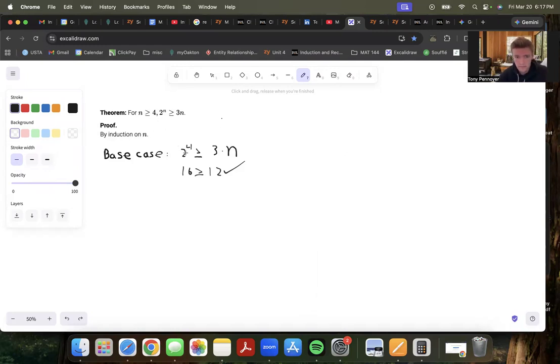So we're saying that 2 to the fourth power, which equals 16, is greater than 3 times 4, which is 12. So that's true. The next thing we need to do is create an inductive hypothesis where we assume that for any number k, this inequality is still true.